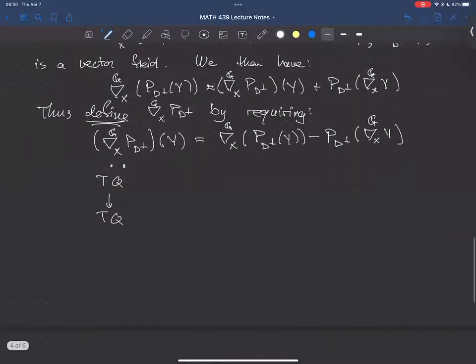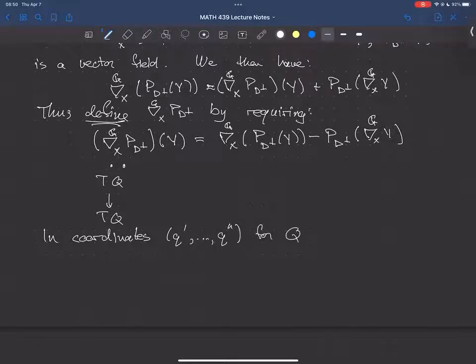Okay, so it looks very good, but how do you actually calculate it? Okay, so in coordinates Q1 up to Qn for Q, let P J K be the components of P D perp.